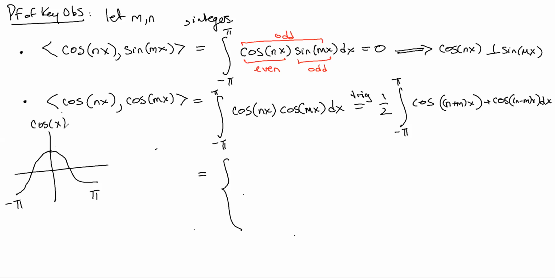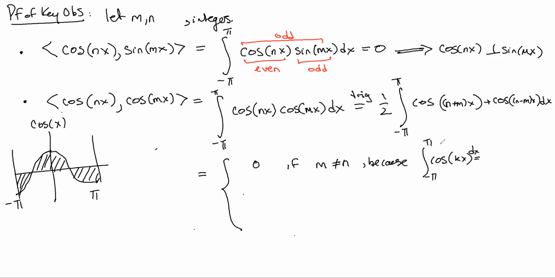You can check that the integral of cosine x on this interval is actually 0. And actually, for cosine of any integer times x, the integral is also 0. So this is 0 if m is not equal to n, because the integral of cosine kx dx from minus pi to pi is 0. You can check that from the picture, but I presume you did that in Math 1B.